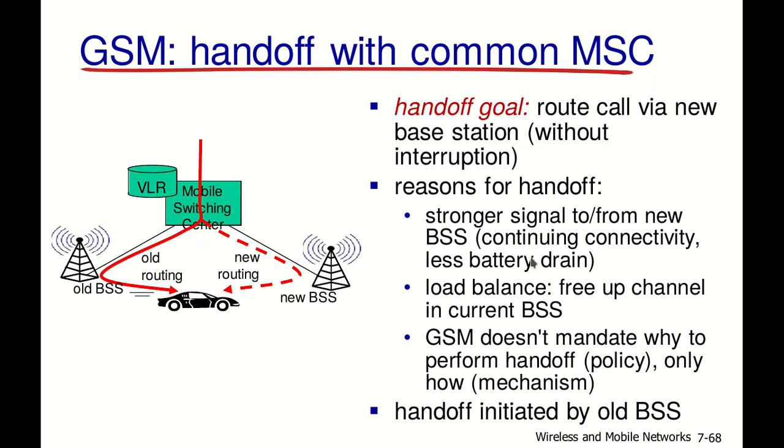So the network operators may decide to perform handoff for several mobile users. And I think this is the most important thing: GSM doesn't mandate why to perform handoff. The policy of handoff is up to the operators, and GSM only gives a standard for the mechanism, the how.